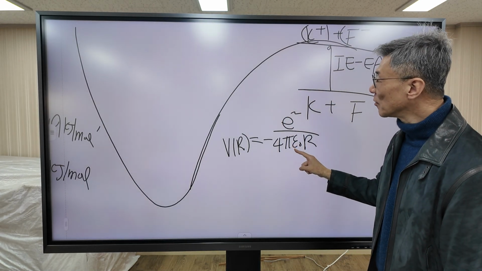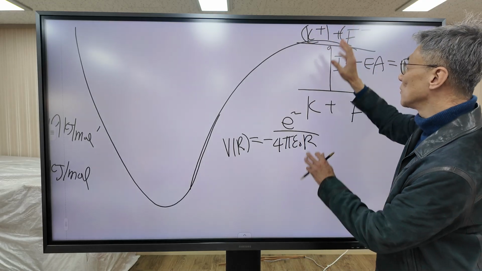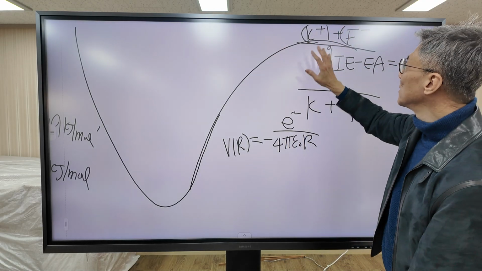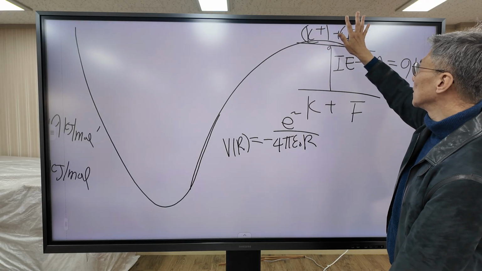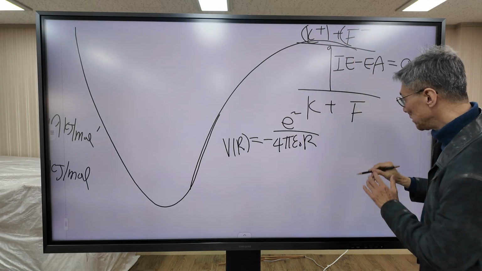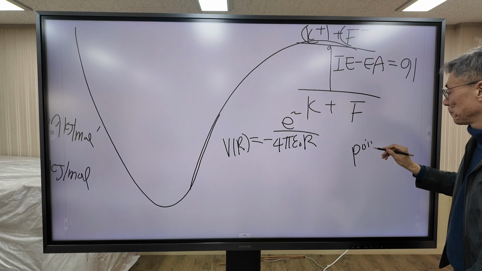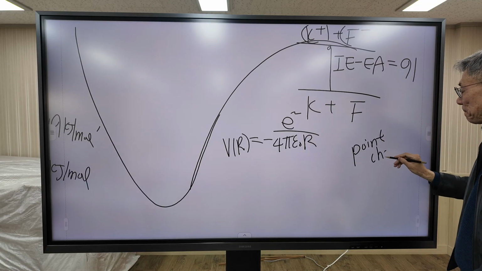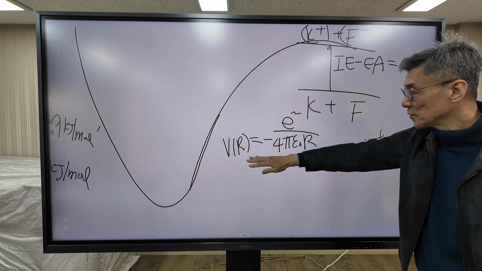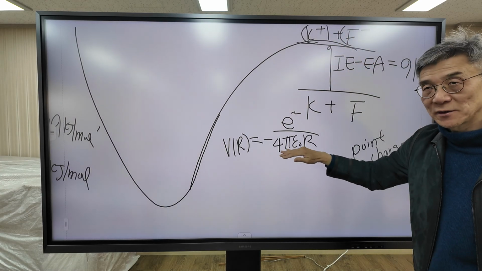This equation only applies when the potassium and fluorine ions are far apart, right? When they are far apart, they can be treated as point charges. So their potential can be approximately expressed by the Coulomb potential.